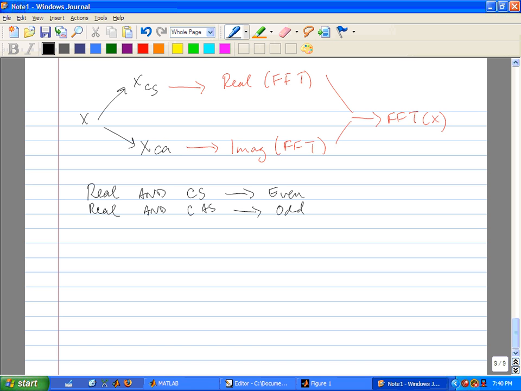So if I tell you I have a real sequence, I took its FFT, and the FFT came out to be purely imaginary, you have to conclude that this signal is odd. It is conjugate antisymmetric, that's true, but if it's also real, that means it's odd. Yes?